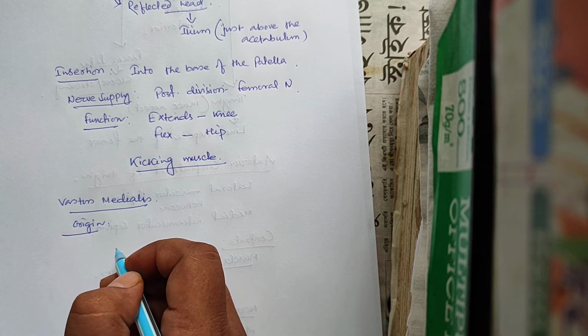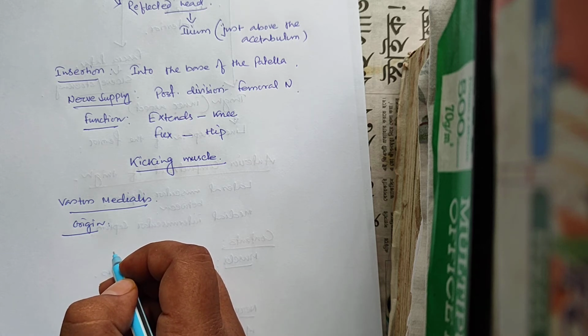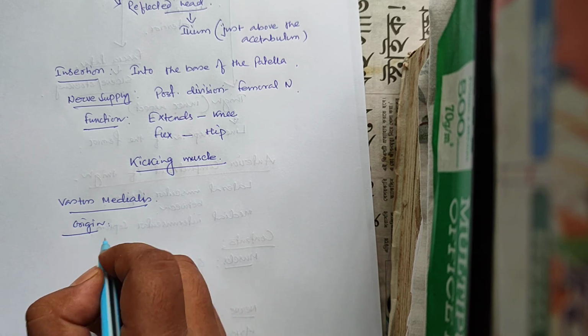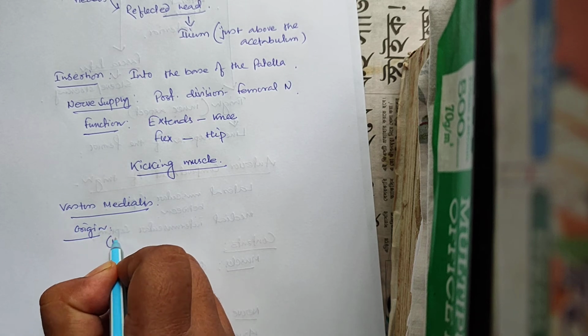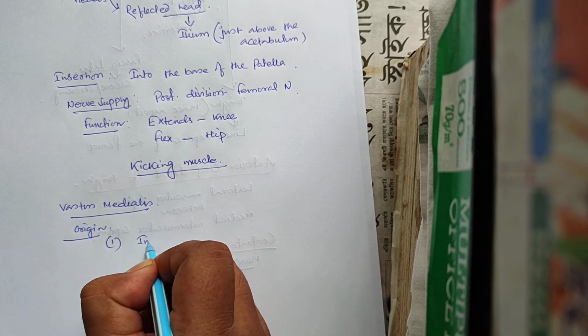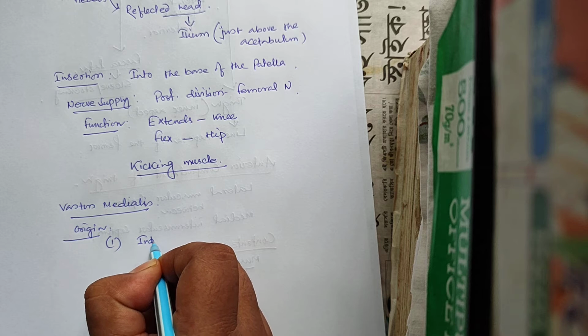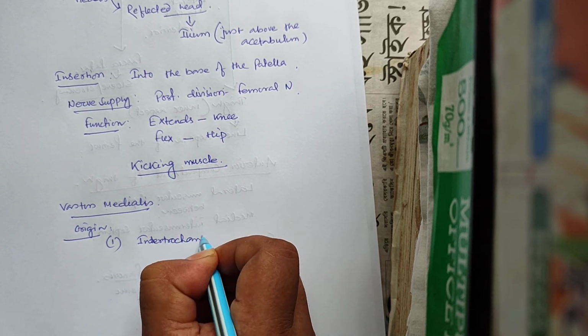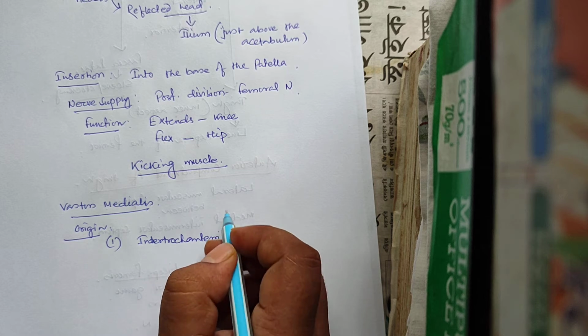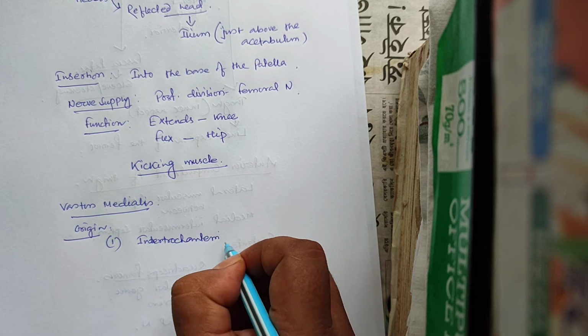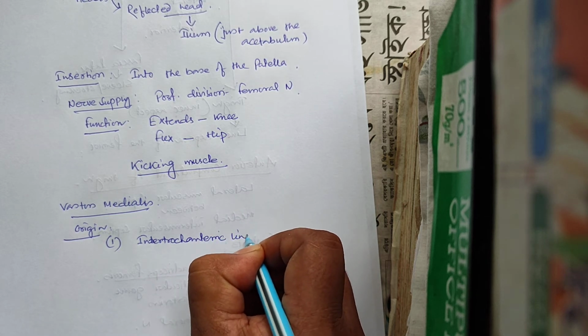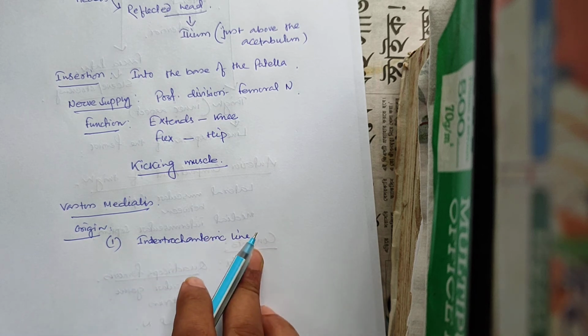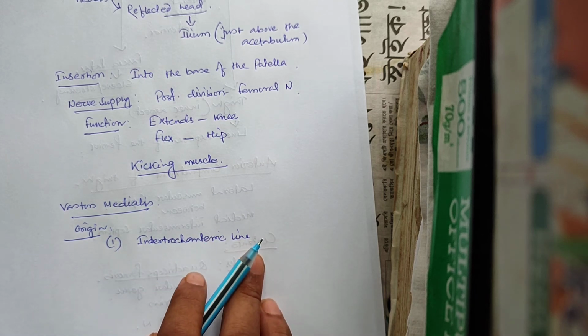The first one is the lower part of the intertrochanteric line of the femur.